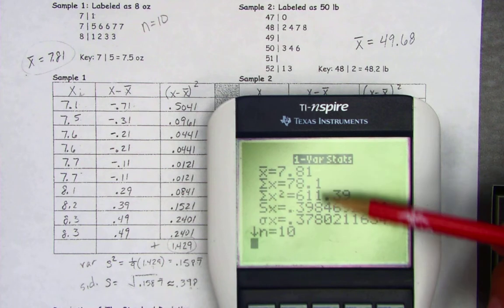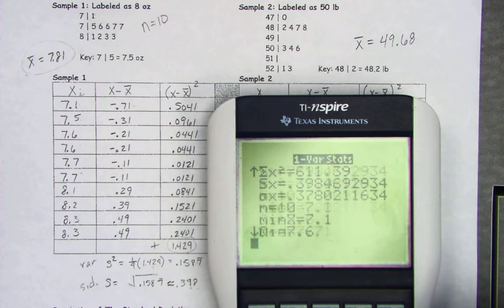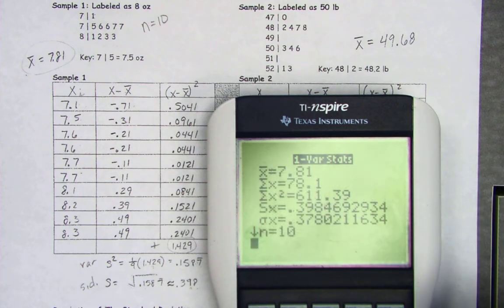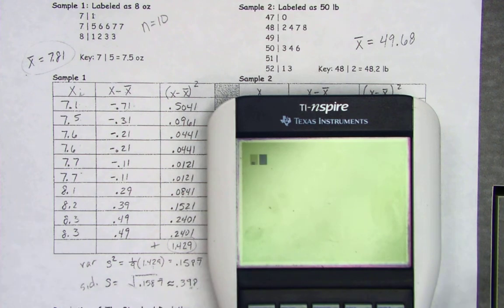What you don't see in here is the variance. It doesn't put the variance into this, but since we had to take the square root to get s, all we have to do is square our s value. So you could just go quit and go 0.398 squared. And that's our 0.158.